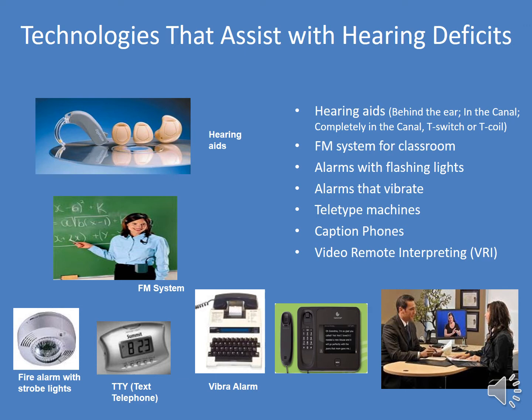Some of the other technologies to assist students with hearing deficits include strobe lights, text telephones, caption phones, and one of the newer technologies is the video remote interpreting, where a person with a hearing impairment actually has their phone conversation interpreted by a live interpreter on a TV screen.